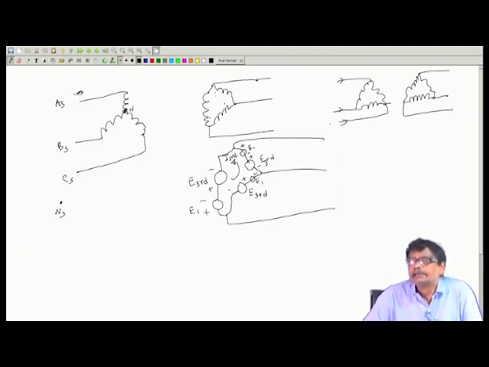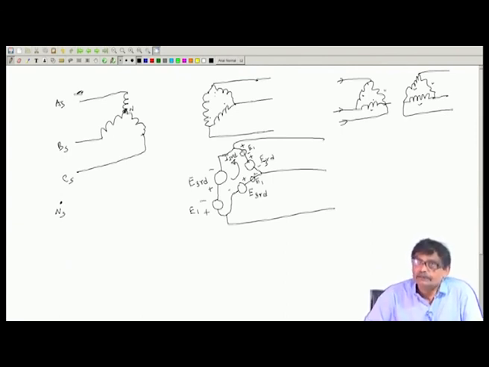If that is there, then flux will have a third harmonic component. But if flux has a third harmonic component, it will induce third harmonic voltage here as well as there, and both will circulate the needed third harmonic current, which will not be reflected in the lines.